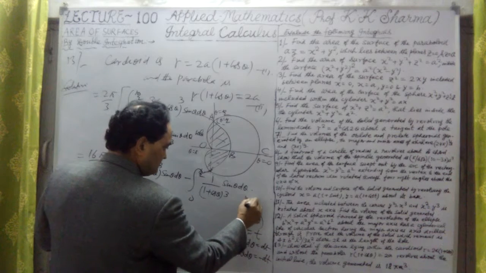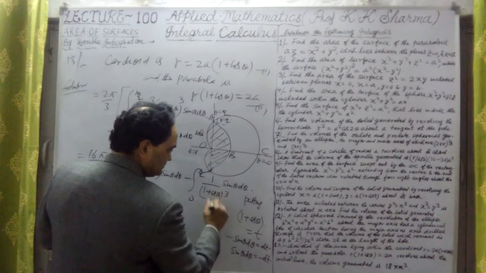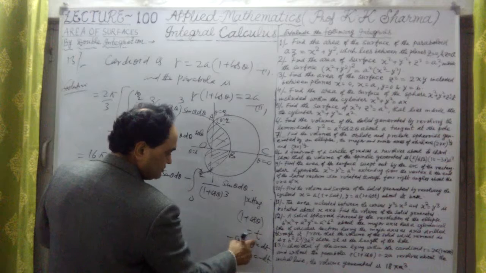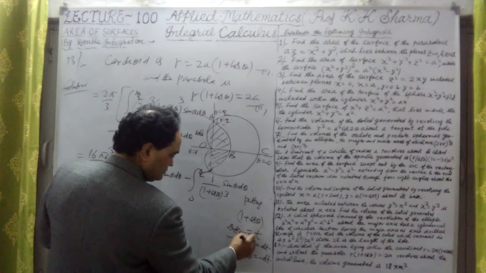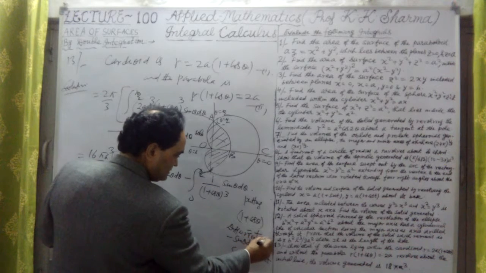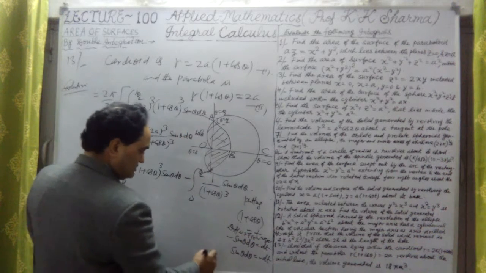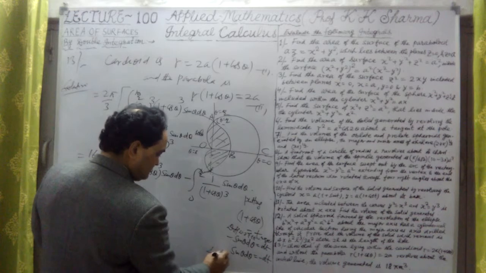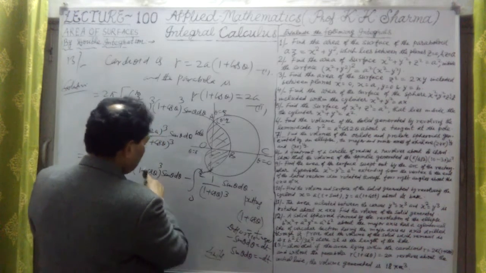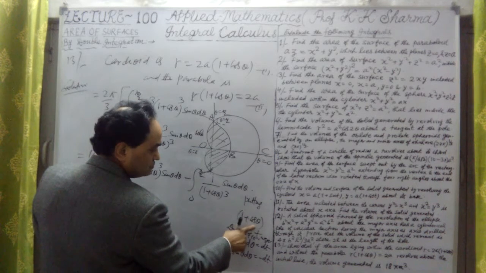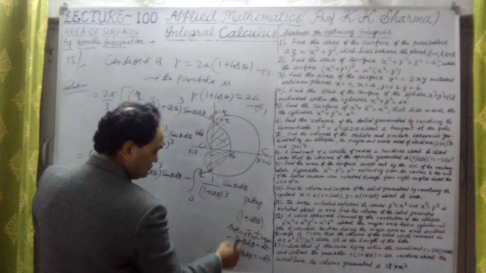Let me talk about limits. If I put theta as pi by 2, it will be 1 plus 0, because cos pi by 2 is 0, so t is equal to 1.